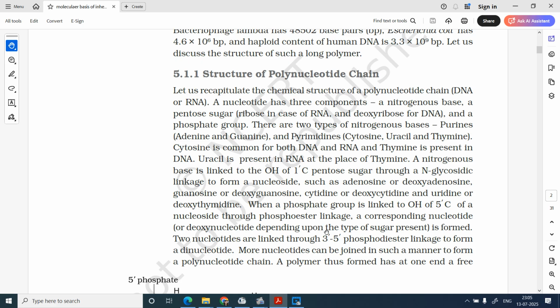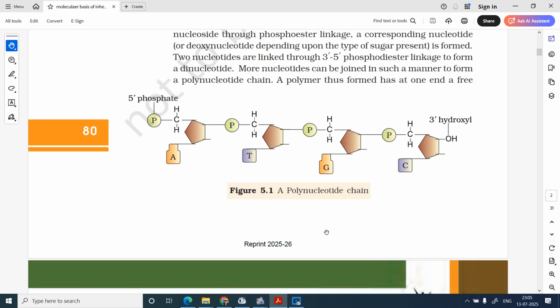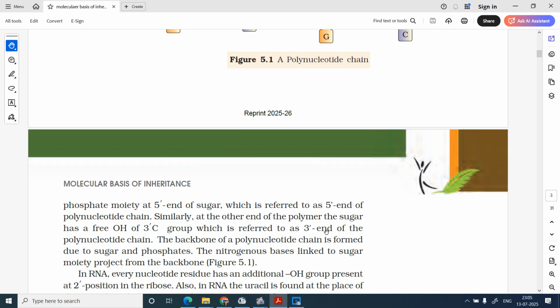A polymer thus formed has at one end a free phosphate moiety at the 5' end of the sugar, which is referred to as the 5' end of the polynucleotide chain. Similarly, at the other end of the polymer, the sugar has a free OH of the 3' carbon group, which is referred to as the 3' end of the polynucleotide chain.